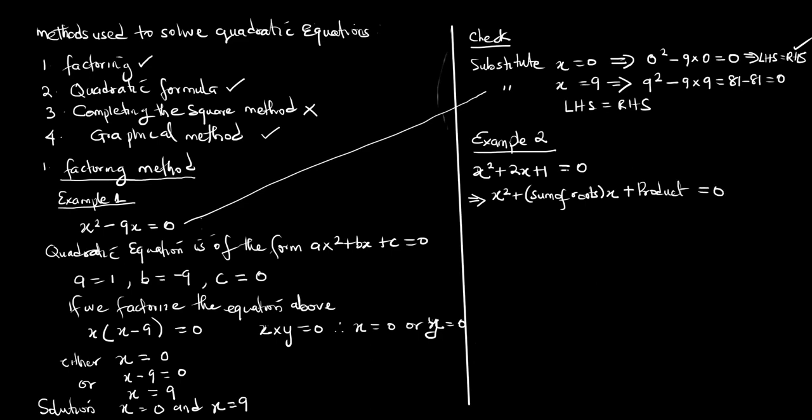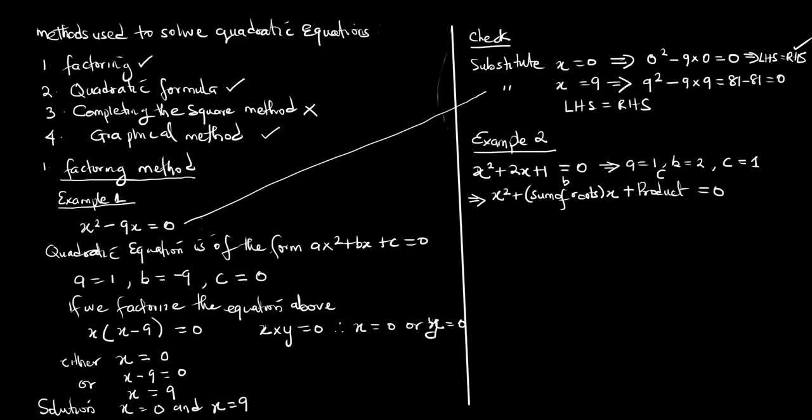So remember this: the position where we have the sum of the roots, that's our b value, and where you have the product, that's our c value, right? So if you compare this equation, you would see that my a here is equal to 1, my b is equal to 2, and my c in this case is equal to 1.